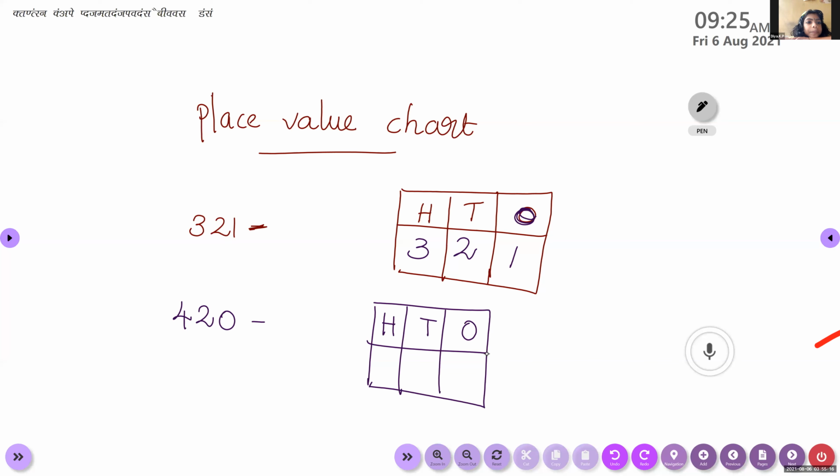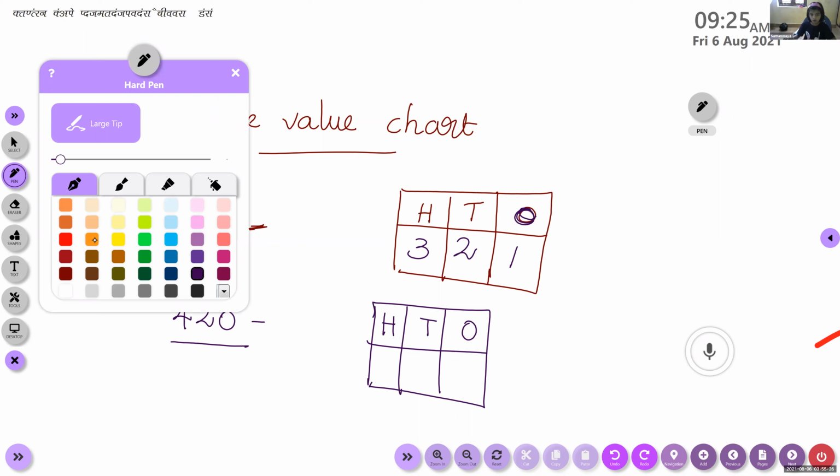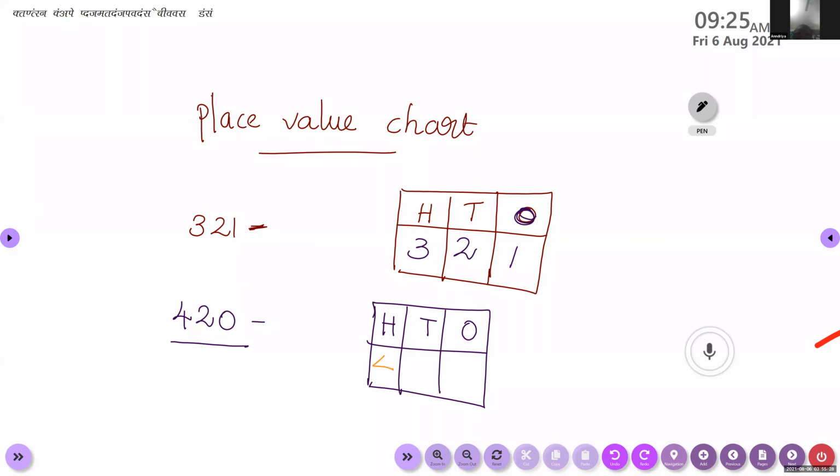This is the place value chart. To represent this number in the place value chart, in hundreds place, which digit do we have to write? In hundreds place, we write 4. Tens place, 2. Ones place, 0.